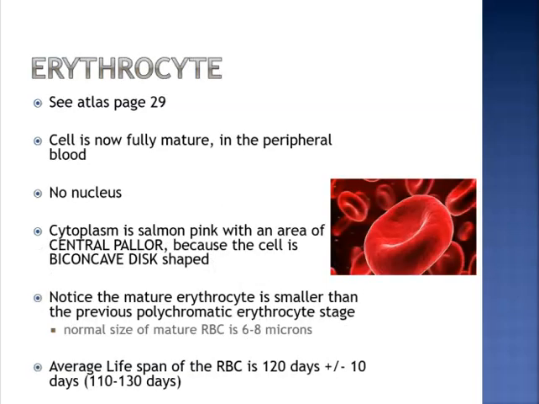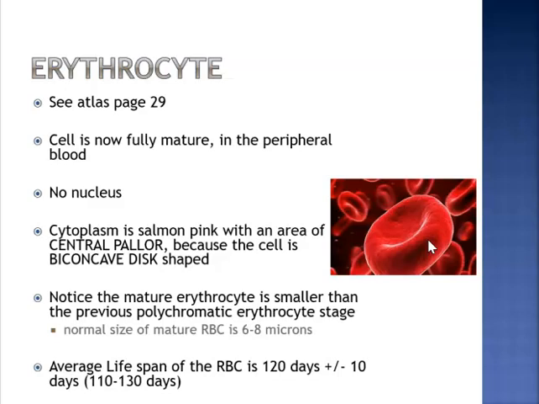This is our final stage of red blood cell development. This is our mature red blood cell, the erythrocyte. Remember I said you can use those terms interchangeably, red blood cell and erythrocyte. So you want to see page 29 in your atlas to see an image, but we also have an image here on the slide of a mature red blood cell.